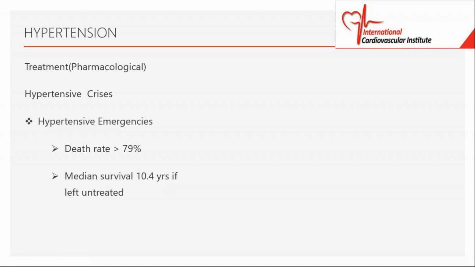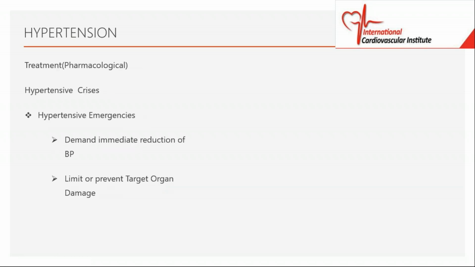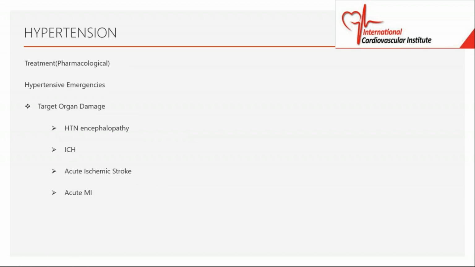Okay, so these patients will die. So they demand immediate reduction of blood pressure. Patients have to be admitted to the intensive care unit, and the blood pressure should be lowered with intravenous medicine, not PO, intravenous medicine. You want to limit or prevent target organ damage.